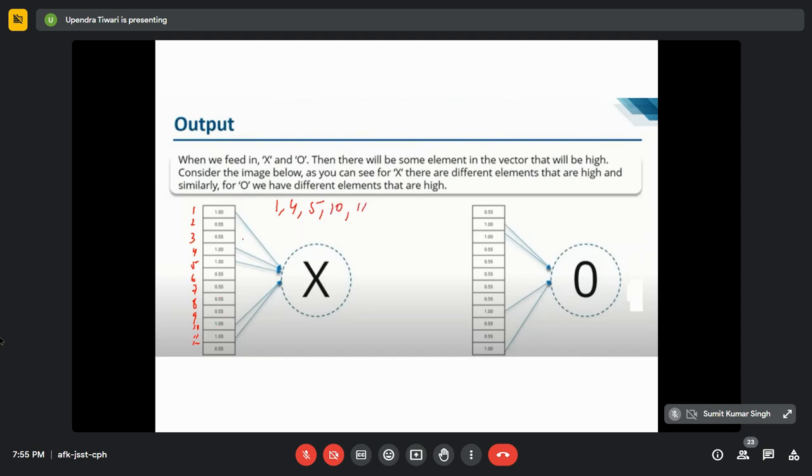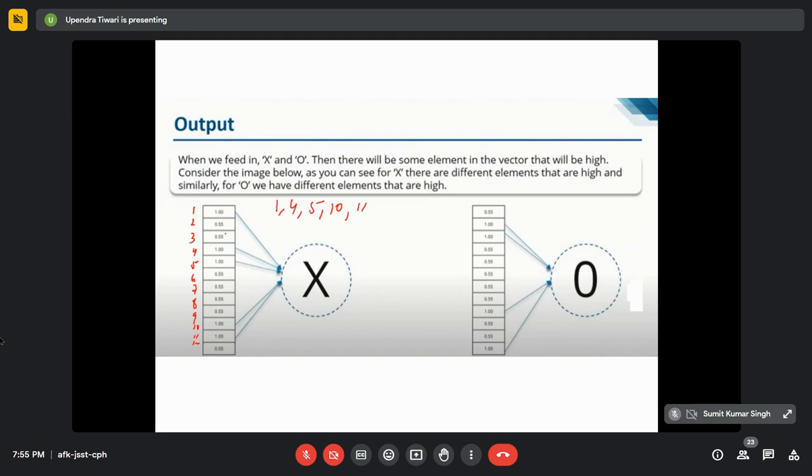So 1, 4, 5, 10, and 11, this is the place where the value is 1. Let me note it down. So I can say that for the X, we have the value 1 at 1, 4, 5, 10, and 11.